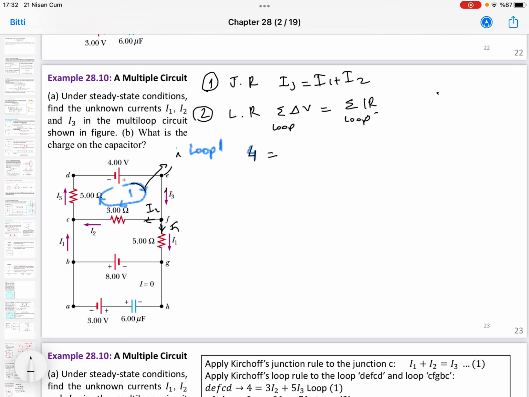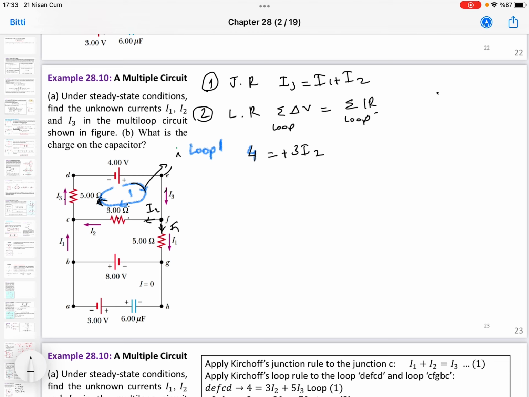Okay. Which current do I have? I2 on the 3 ohm. So look at their direction. If their directions are the same, I will take the positive sign. So 3 I2. I will continue with my loop and come here and look at their current.